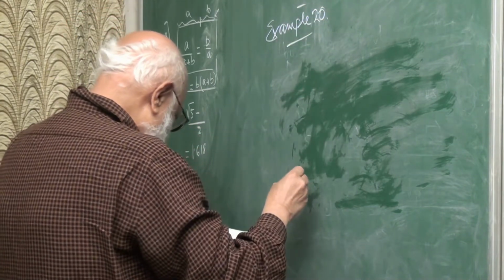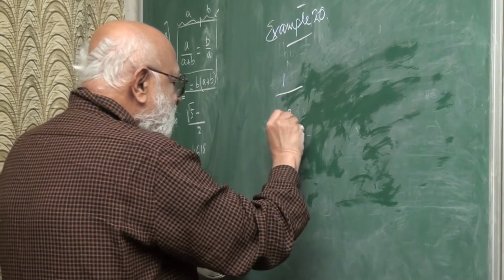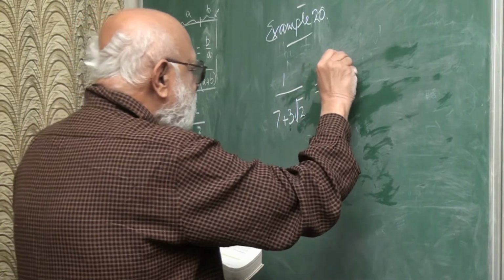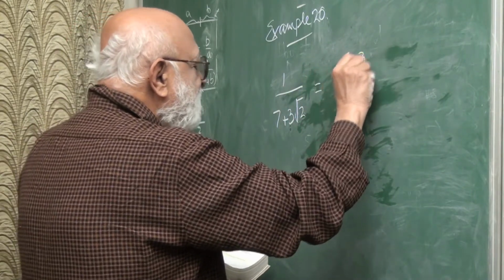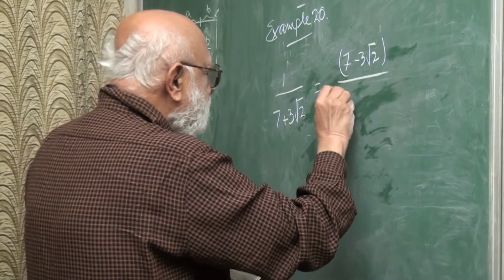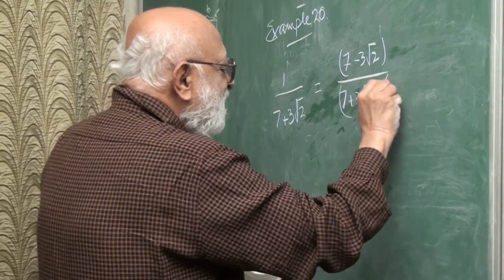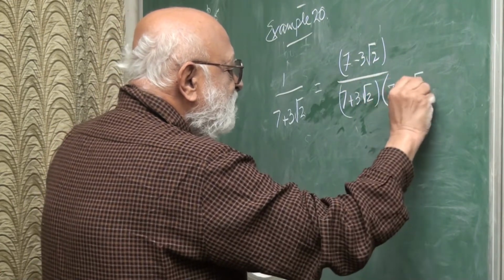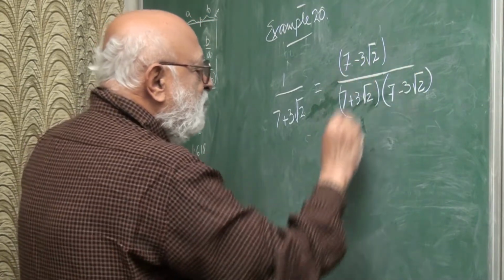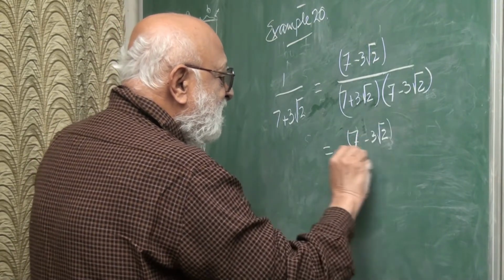Okay, 1 upon 7 plus 3 root 2, that would be again with a minus, so this should be 1 into 7 minus 3 root 2, because 1 is only there, divided by 7 plus 3 root 2 into 7 minus 3 root 2. Okay, done?